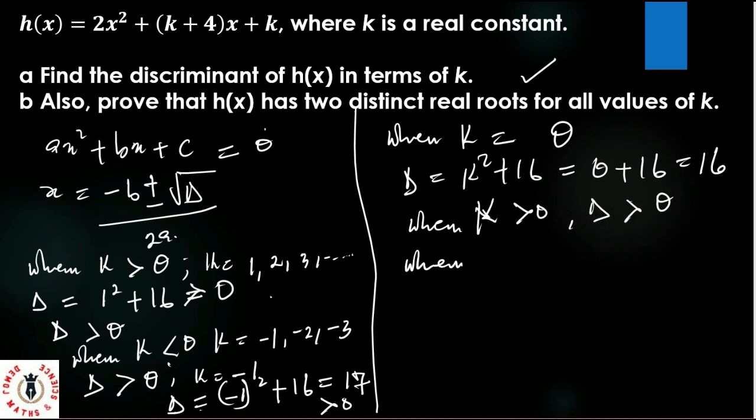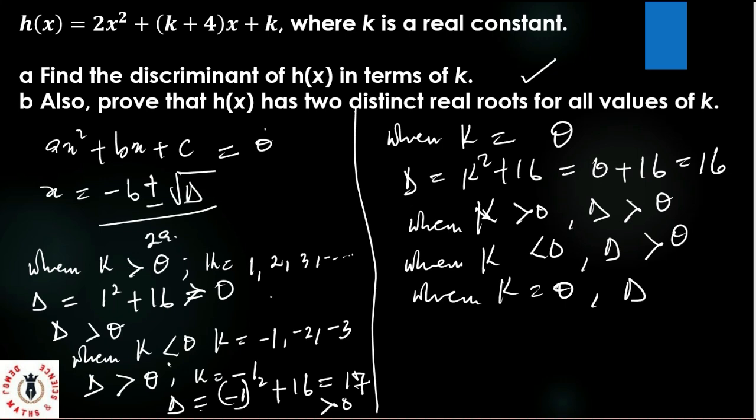When k is less than 0, d is greater than 0. And when k is equal to 0, d is still greater than 0.